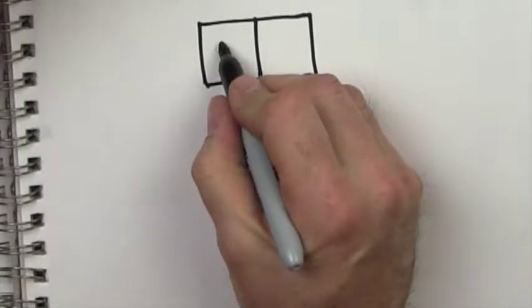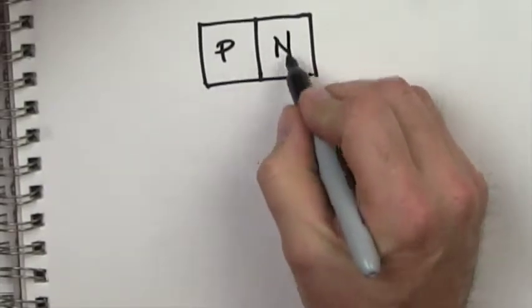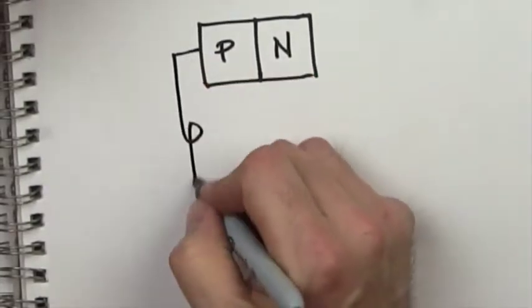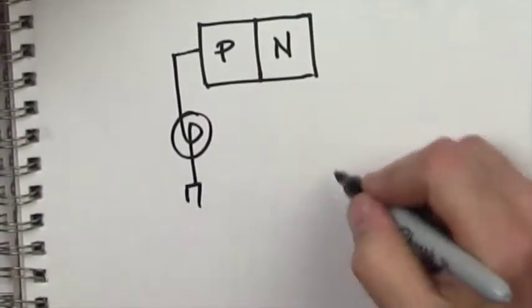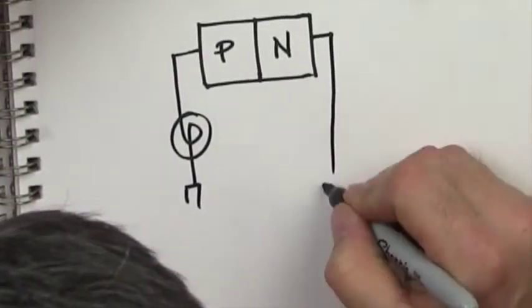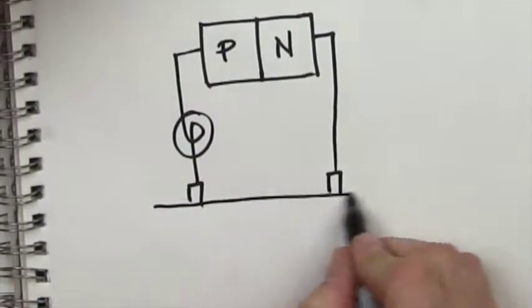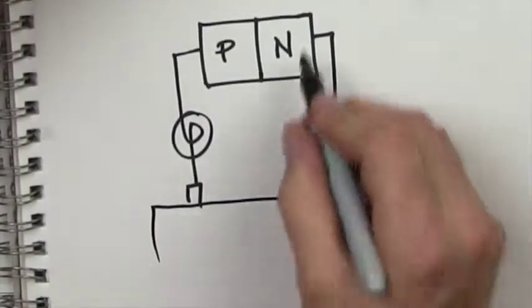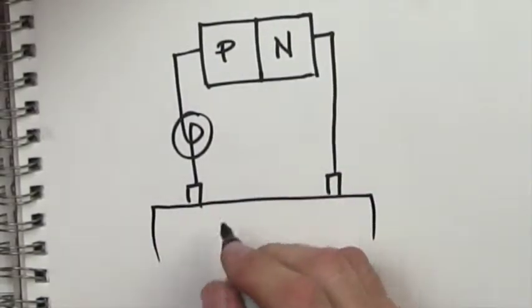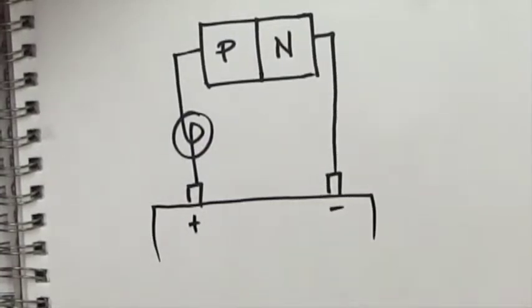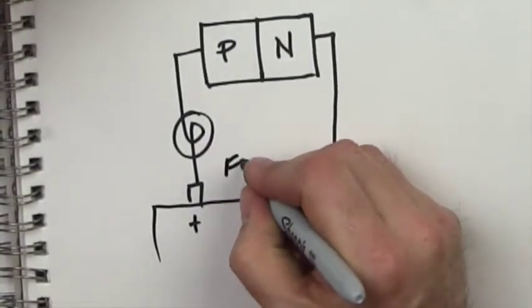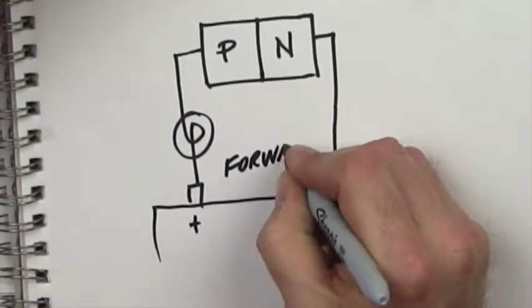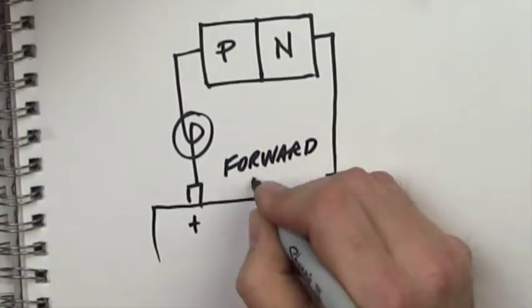Okay, so I got a positive side here, and got a negative side here. Put a light bulb there, put a battery there, and the battery will be there. And let's put it in quote-unquote proper polarity. So plus here, minus here. This is what's called forward bias.